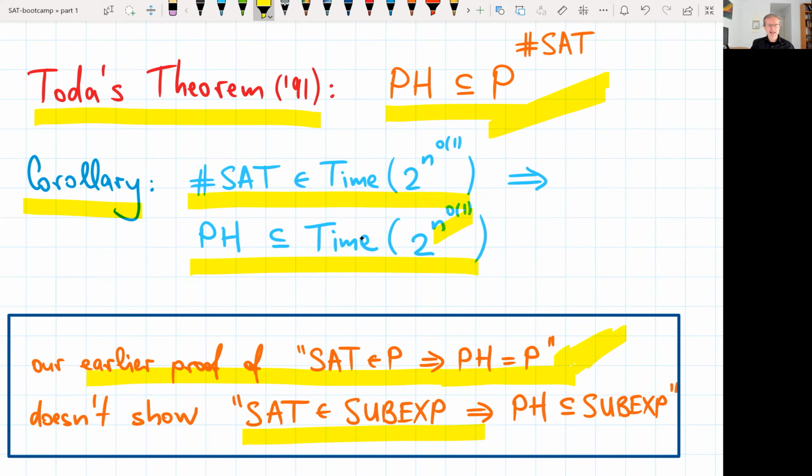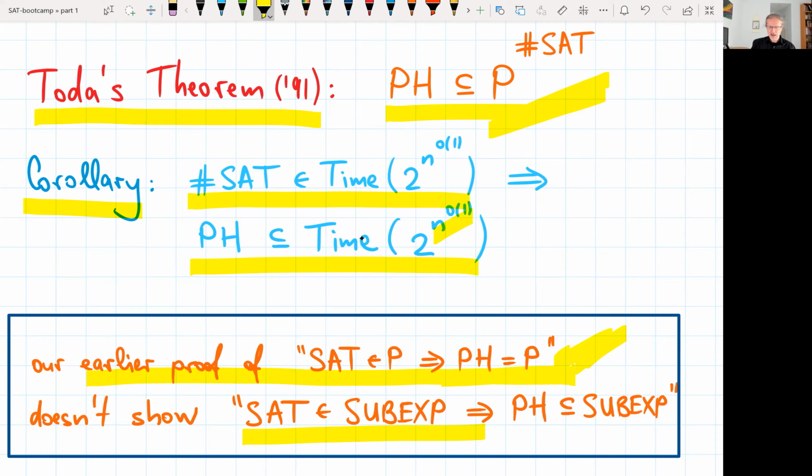But if your runtime of the SAT algorithm is sub-exponential, composing sub-exponential with sub-exponential does not give you anything nice. Okay, so Toda's result does give you something nice, but you need to strengthen your assumption from SAT being in polynomial time to sharp SAT being non-trivial, like sub-exponential time or better.